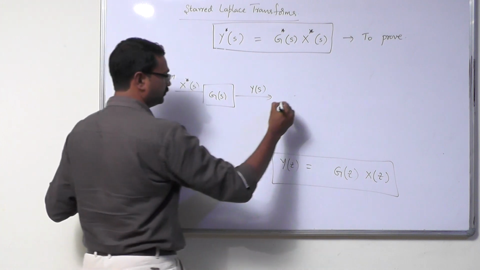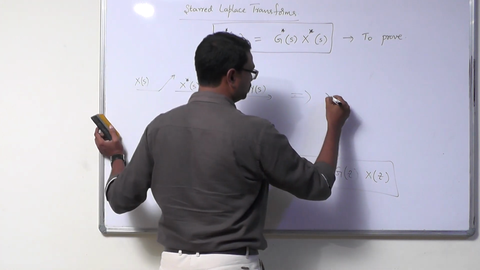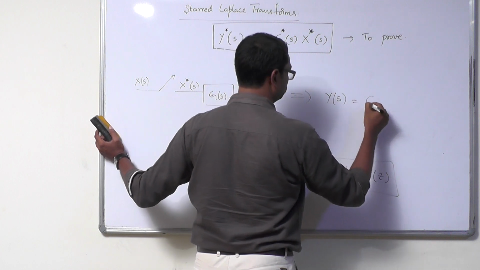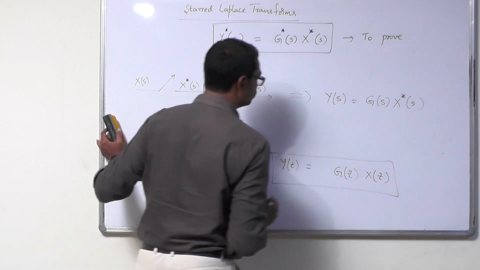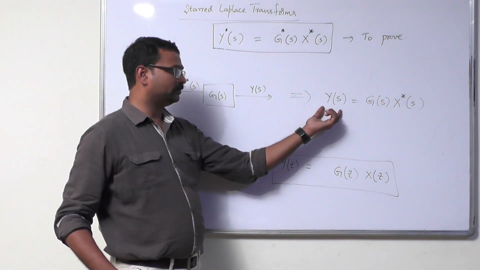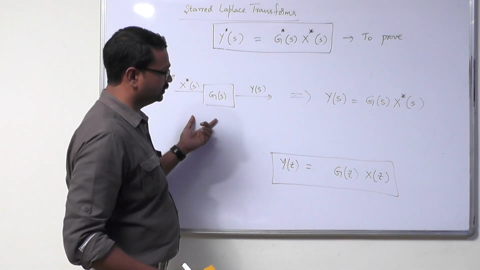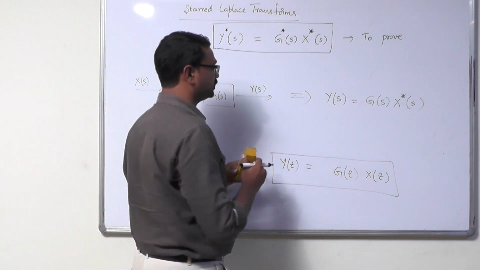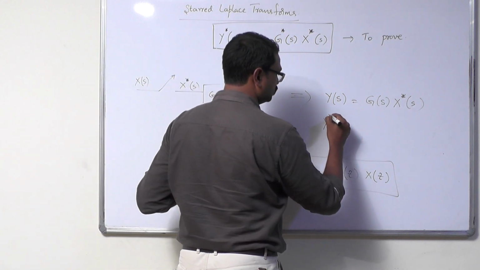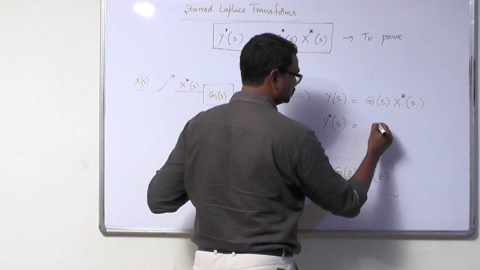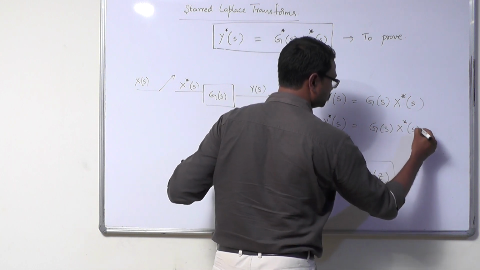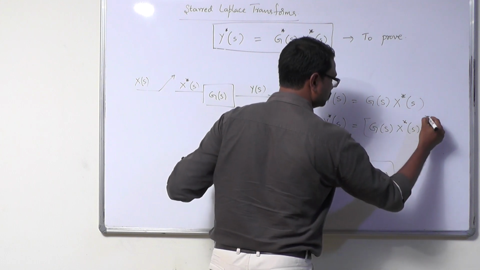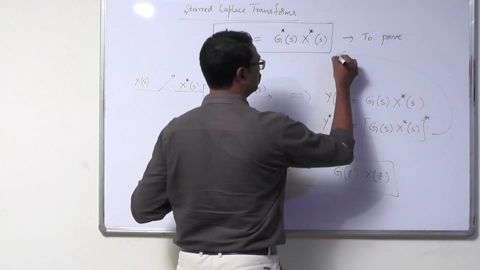From this diagram, we obtain that y of s is equal to g of s into x star of s. And this is the normal Laplace transformation that we have applied here. Now when you are applying star transformations to this equation, y star of s is equal to g of s into x star of s the whole star. That is what we have proved here.